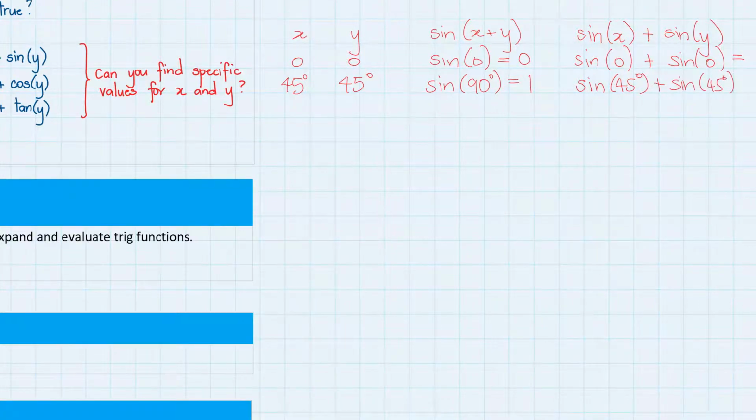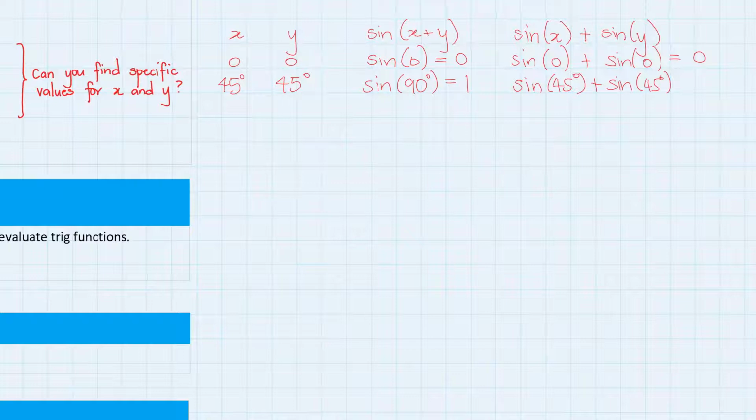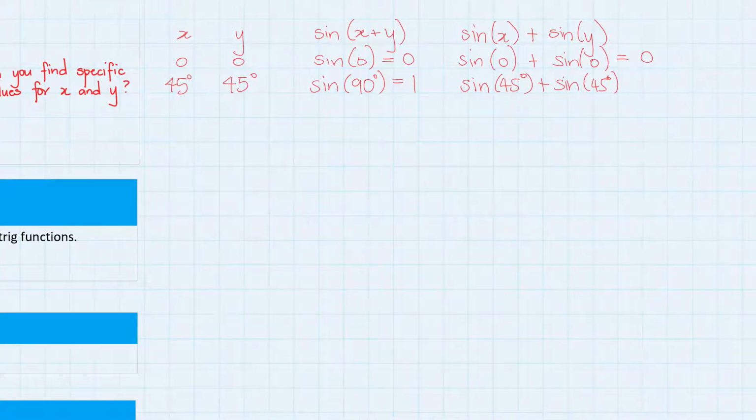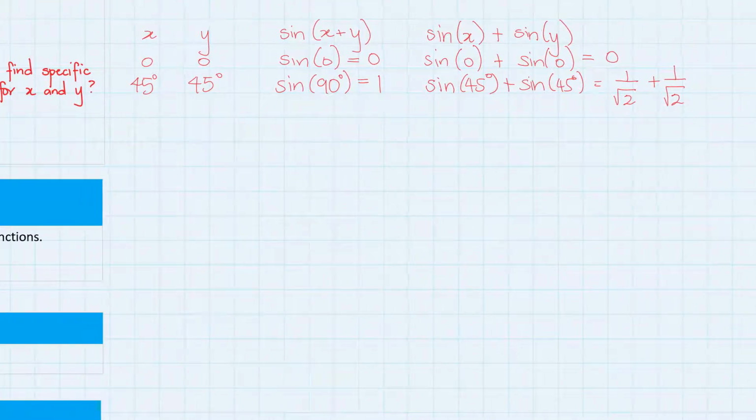The right-hand side is going to be sine of 45 degrees plus the sine of 45 degrees. And we know what those are as well. We remember our work on those special triangles, and the sine of 45 degrees is 1 over root 2. So we've got two of those, which will obviously not equal 1. If you wanted to work that out, you'd have 2 over root 2.